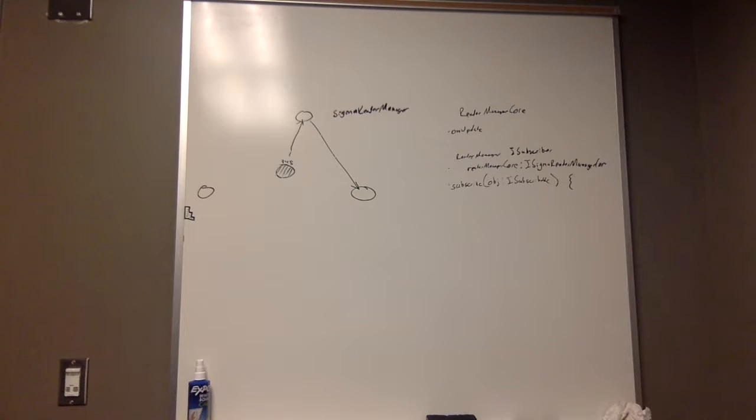Lowercase or uppercase I and D? Uppercase I, lowercase d. Parent ID, content ID. Is this the last one, children? Yeah. It's children.